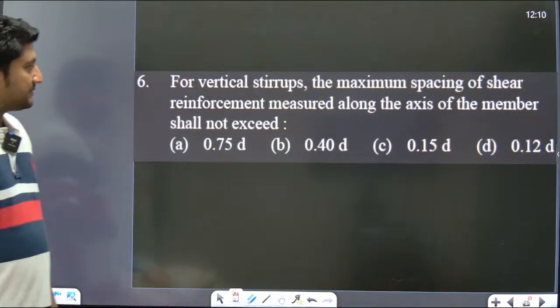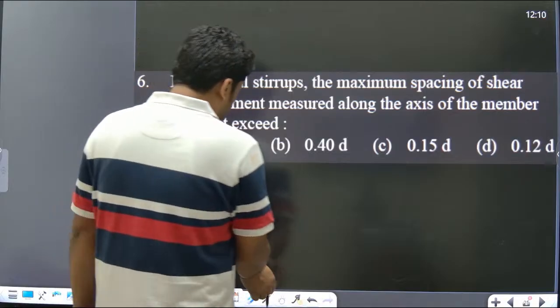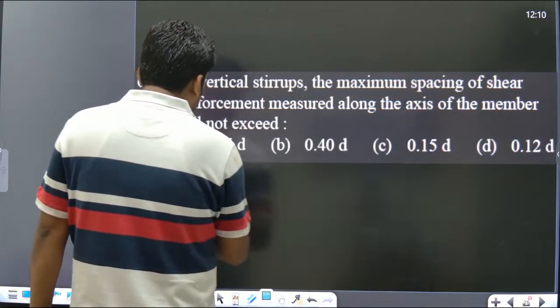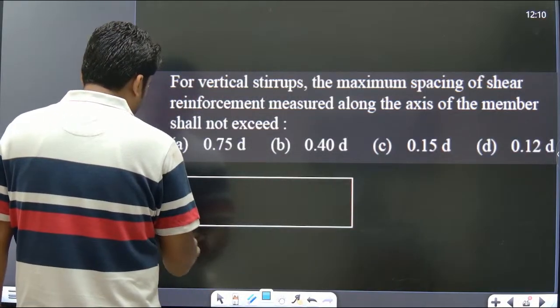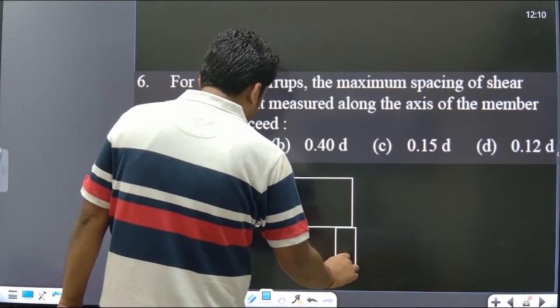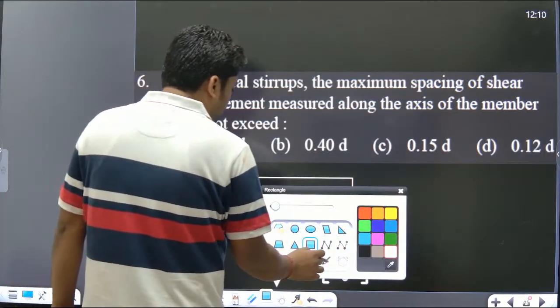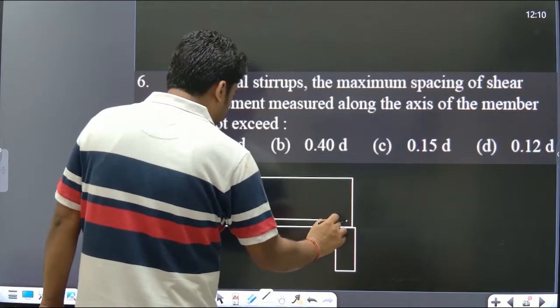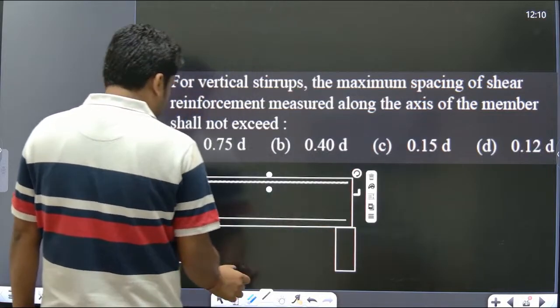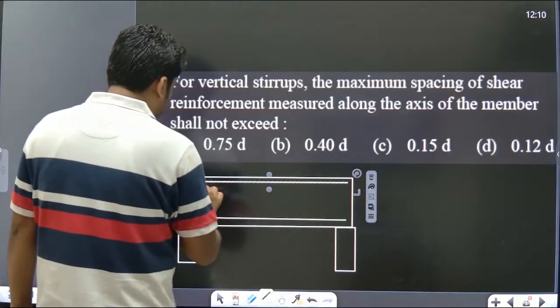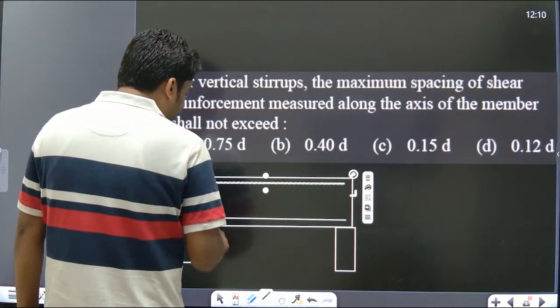For vertical stirrups, the maximum spacing of shear reinforcement. Now look very carefully. For vertical stirrups, you can see this is the main reinforcement, these are shear stirrups, these are vertical stirrups.